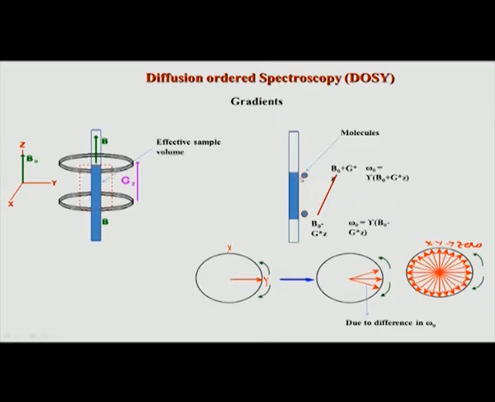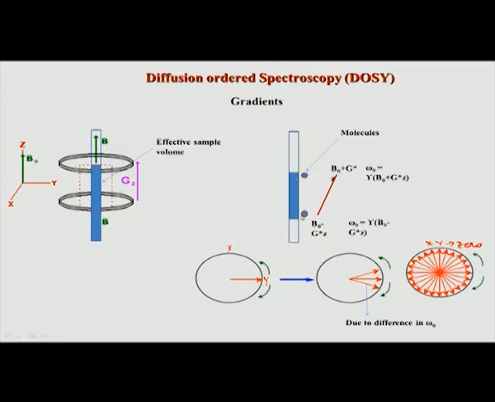Suppose we have a molecule at this end of the sample, and another copy of the molecule sitting at the bottom of the sample. When I apply this gradient, they experience different magnetic fields. The molecule sitting here experiences B0 plus a certain field which depends on its z axis coordinate, meaning how far it is from the center.